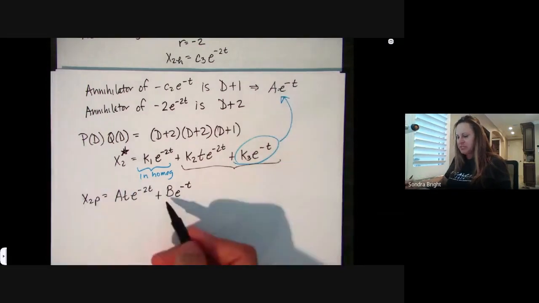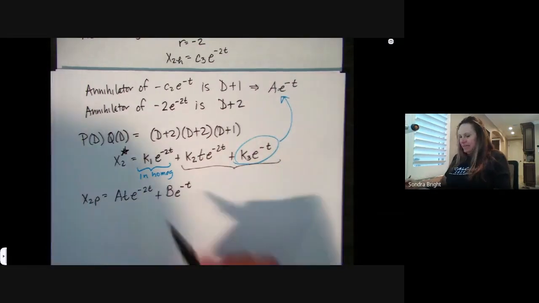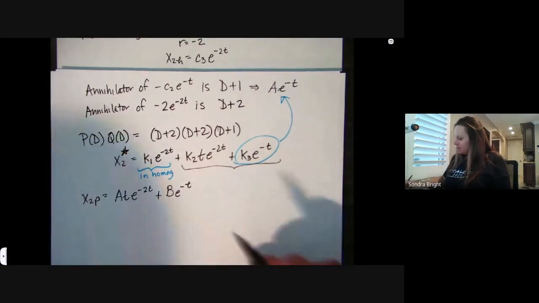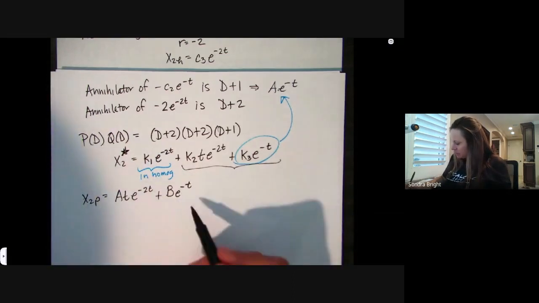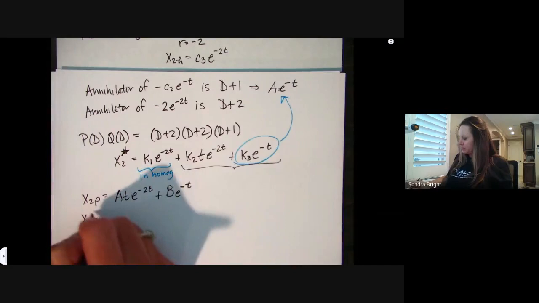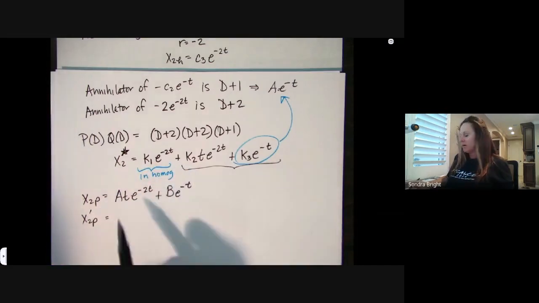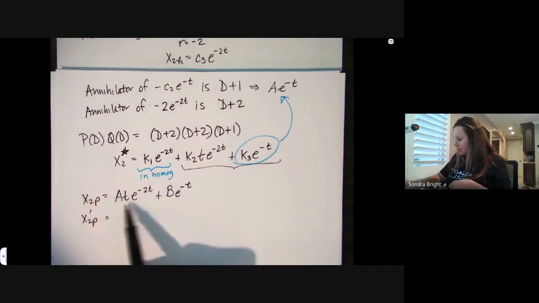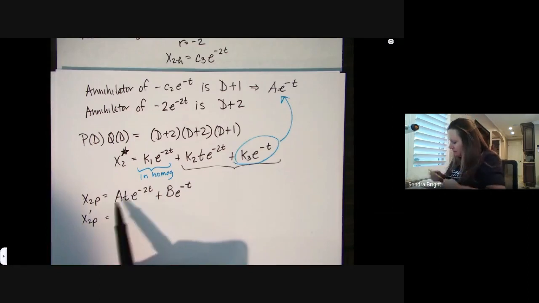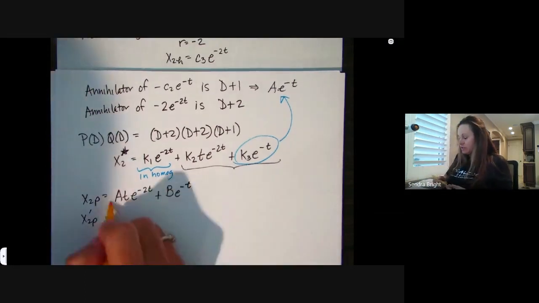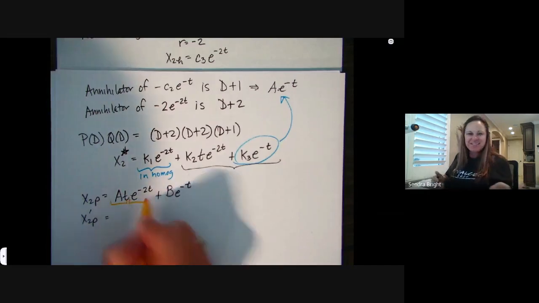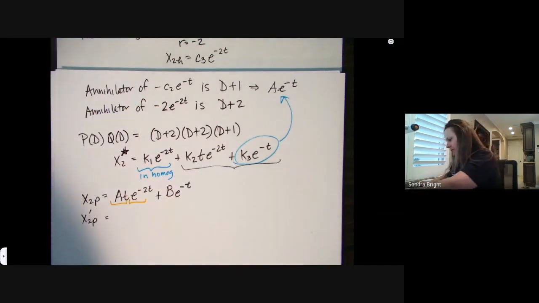Anyway, okay, so we got that, and then I need the first derivative of this guy. All right, so what's the first derivative? Oh, that's not chain rule, product rule. I'm going to treat At as my first term, and then I'm multiplying it times e to the negative 2t. So remember, A is a constant, but t is a variable. That's my independent variable here.